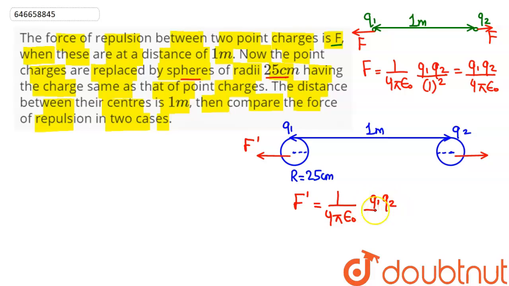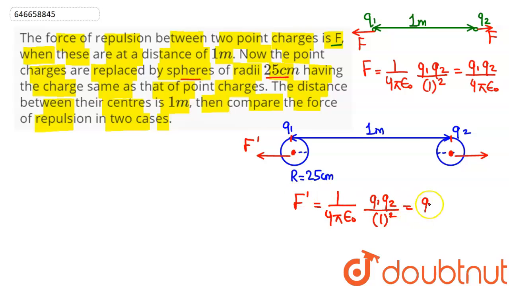The charges on these two spheres, Q1 and Q2, we can assume to be concentrated at their centers. So this is Q1, this is Q2, and the distance between centers still remains 1 meter. So we can say that it is independent of the radius.